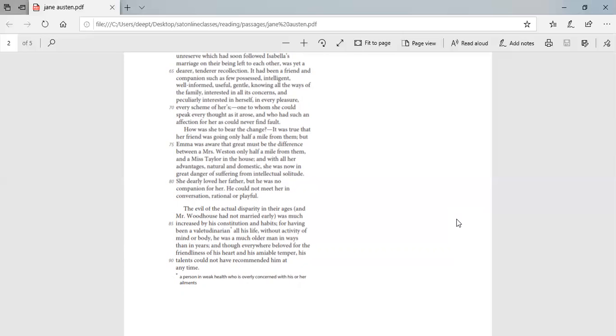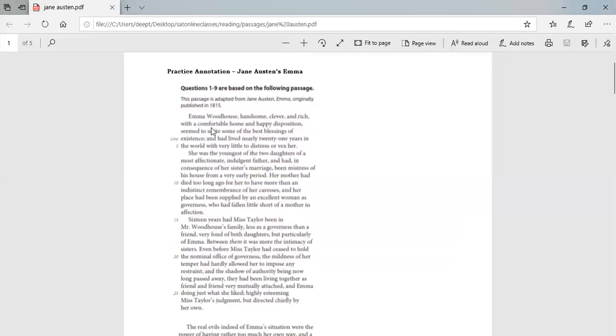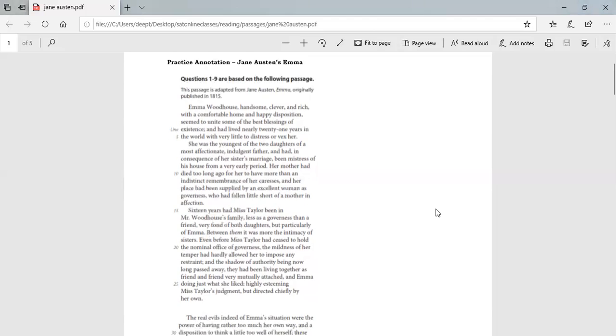Okay, so I assume that you have now read this entire passage. If you're reminded of how we discussed it earlier, the passage talks about this girl, Emma, and how she lives. She's the youngest. The other daughter is not talked about in the passage too much. The mother has died. The governess is basically what Emma and the governess did, and how their relation was, is what the passage overall talks about.